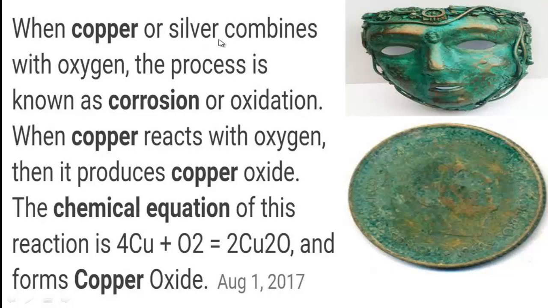So when copper or silver combines with oxygen, the process is known as corrosion or oxidation. When it reacts with oxygen, it produces cuprous oxide, and for this, copper when corroded for the first time turns greenish in color. And this is corrosion or decaying of metal.